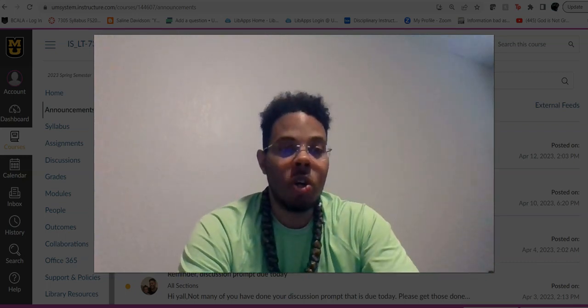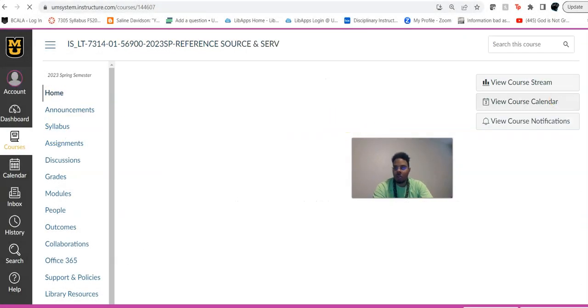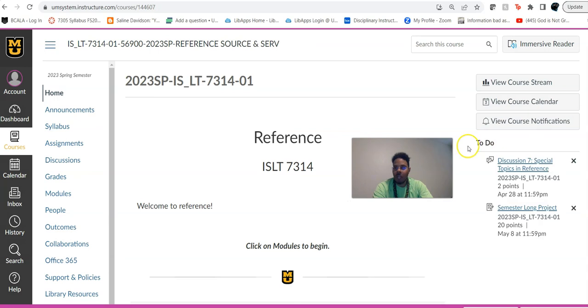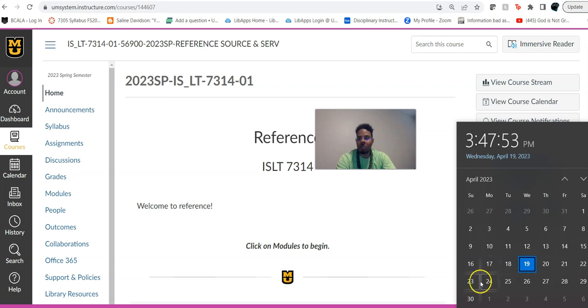All right, so let's get started by looking at our to-do list. As you can see here on week 13, we don't have a whole lot going on anymore. We are almost at the end of the course. You do have your final discussion prompt, which will be due on April 28th. I don't know why I made that due on a Friday.